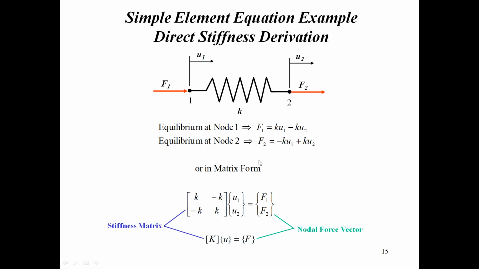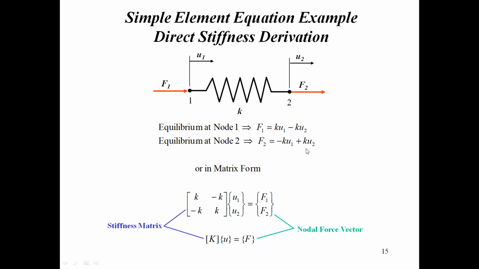It can be written in matrix form: from the first equation, K U1, K is positive, so here is K; minus K U2, therefore minus K. In the second equation, minus K U1, therefore minus K, plus K U2, so it is written as plus K.